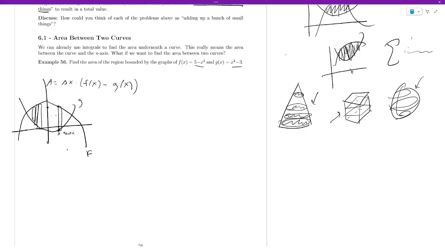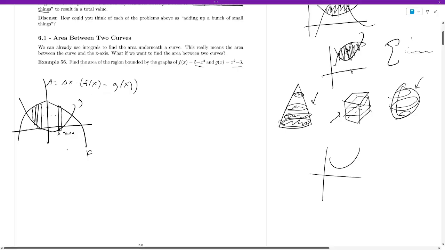We're always going to have a top and bottom like this, and the main thing is that I want to write down a positive number right here. I want f of x to be larger than g of x. If it's like this, then this is going to be my top, and this is going to be my bottom. That's just to make this formula give you a positive number.